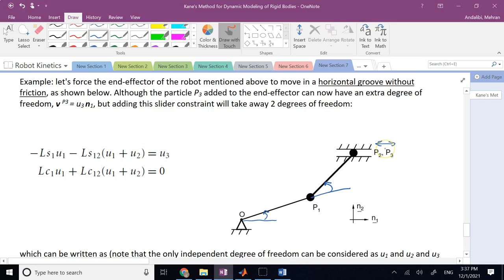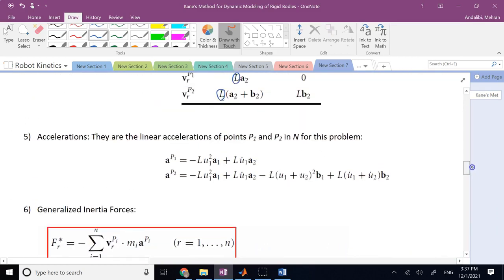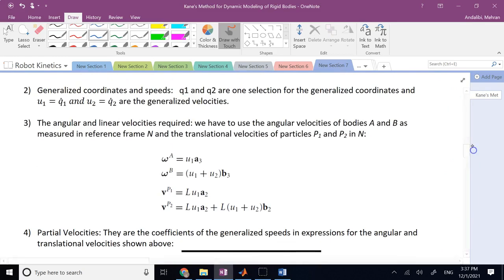Well, here, the velocity of this point P3 can only be in the horizontal direction, as we said. It cannot have a vertical velocity. What is velocity of P3? Velocity of P3 is the same as velocity of P2. And what is velocity of P2? So we had the velocity of P2 earlier, right? I assume we calculated that somewhere here.